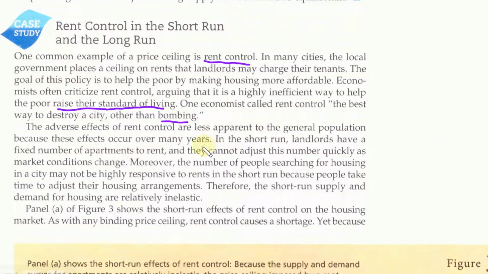They appear over a long time because renters changing houses as an alternative takes a longer time. We cannot shift residence conditions in a short time. Okay, so the impact of rent control will appear over a long time.